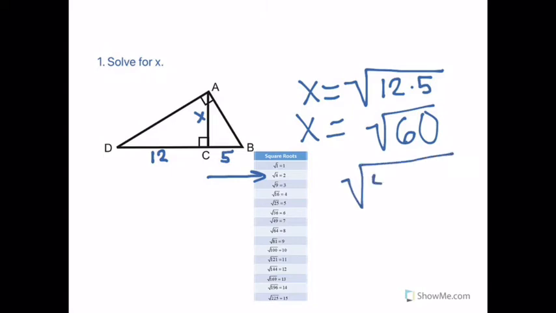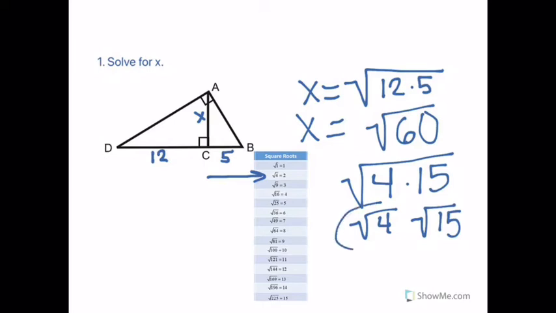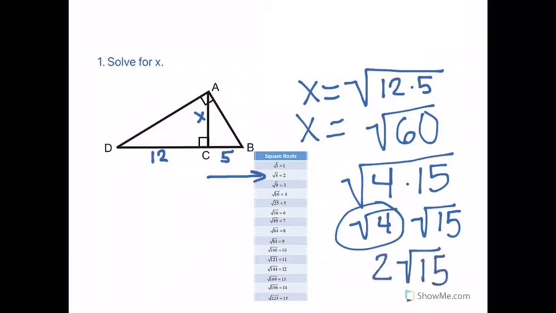So we can separate 60 into 4 times 15, because 4 times 15 is 60. I can separate that into radical 4 times radical 15, and take the square root of that first radical. The square root of 4 is 2, and that 15 stays underneath my radical.